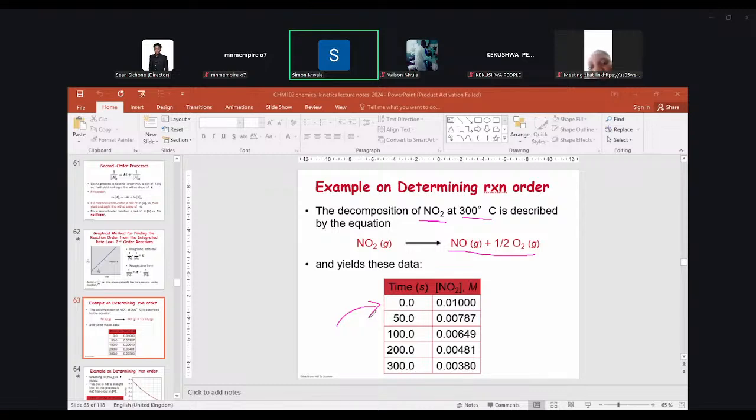For us to know the order of this reaction, remember from the graphical point of view, I've given you different types of graphs. I've told you that you can have a graph of concentration versus time.